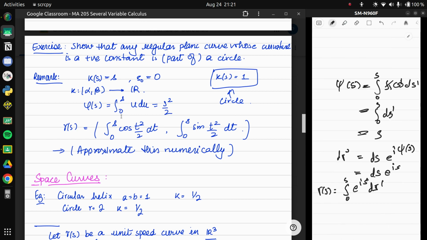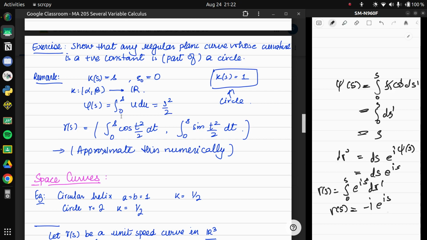Remember, it's up to some rotation and translation, so we don't really care about that. So r of s will just be this integral, which is just add an i and all that. So just minus i, and then you have e power i s, integrate that. So another e power i s plus some constant, which we don't care about at this point.